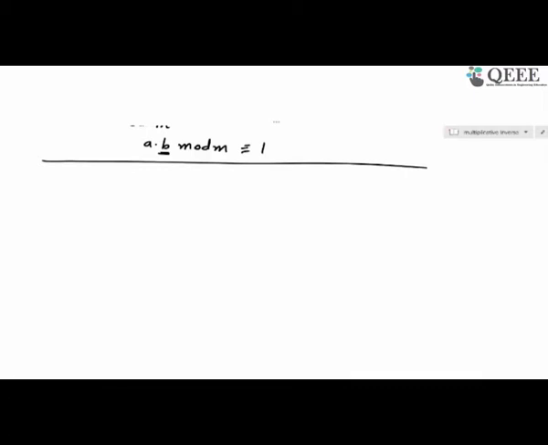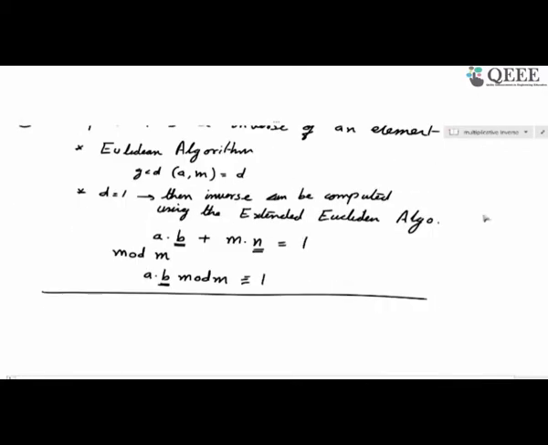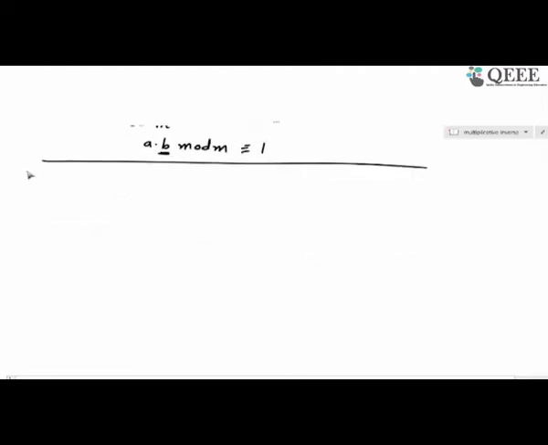And as we will be seeing later on today, it is also used to prove that the RSA algorithm is indeed correct. So let's look at the Chinese remainder theorem, or you could shorten it to CRT.